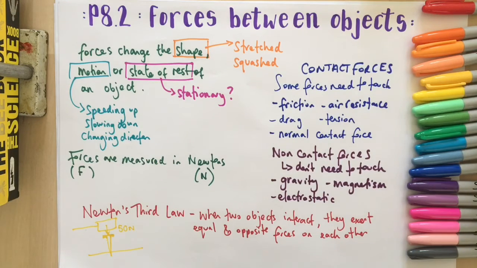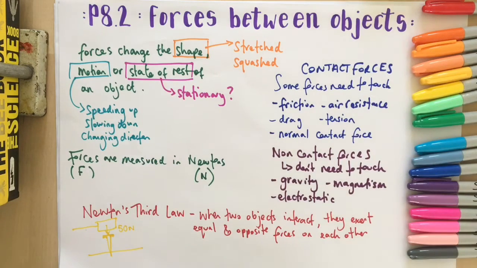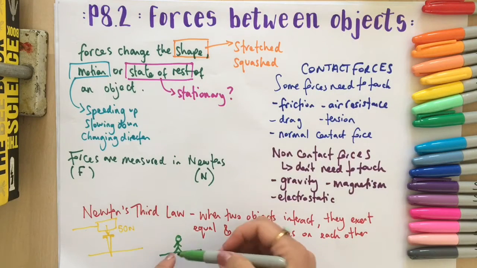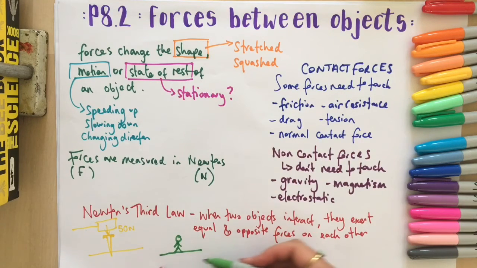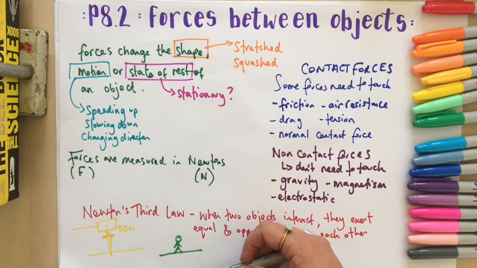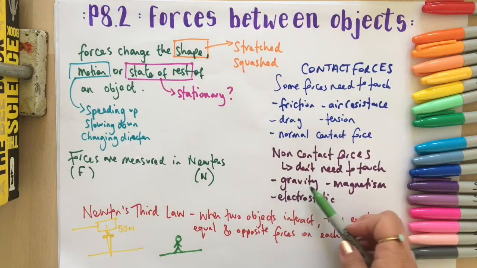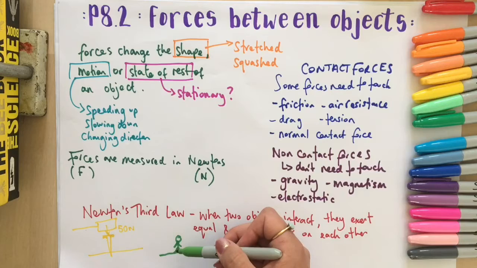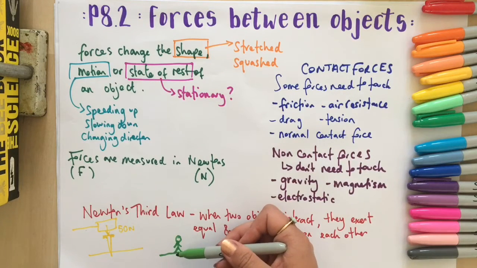The other thing that you can think of is, because this is the one that people find tricky, you have a person and the earth. We know that there is a force pulling us towards the centre of the earth because that's due to gravity. We would call that the weight of this person.